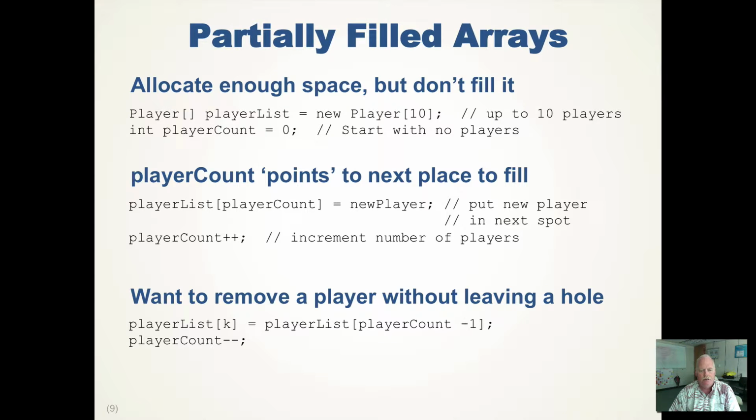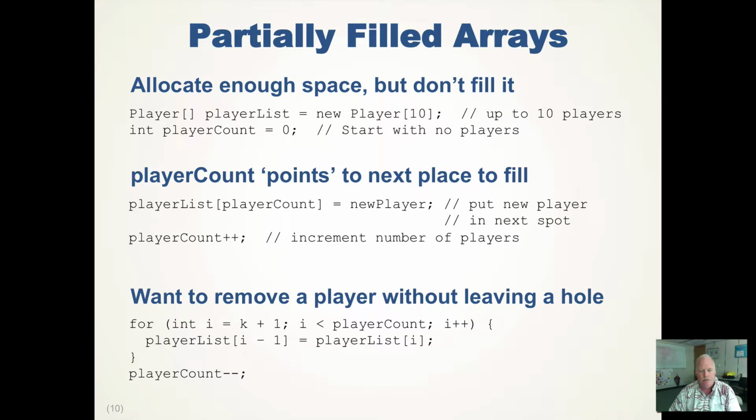One idea is you take the last guy and you move him into the place you removed. So here we're taking the last guy and putting it at place K, the one we're removing, and then we decrement player count. The last guy is actually now in the array twice, but it's okay because player count indicates that the extra guy is not in the filled array.